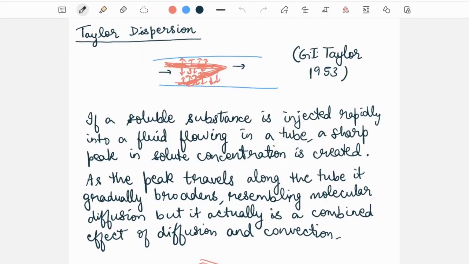So basically what he's trying to say is that if that were the case, we wouldn't see these arrows which depict the diffusion. It would just flow like this along the tube. But that's not what we see, right? We do see the entire width of the tube also getting colored.